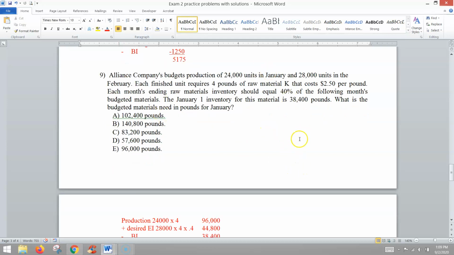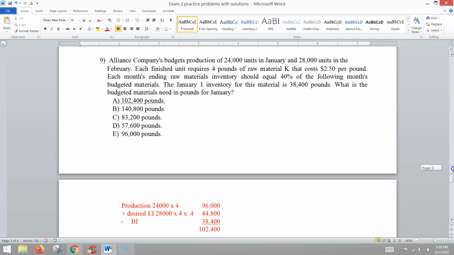So again, it's basically the same formula when you're calculating these. You're going to calculate the amount that's needed for the month. So this would be production of 24,000 units times 4 pounds each, 96,000 pounds. Plus we're going to add desired ending inventory. By definition, that's given to us as 40% of the following month's budgeted materials.